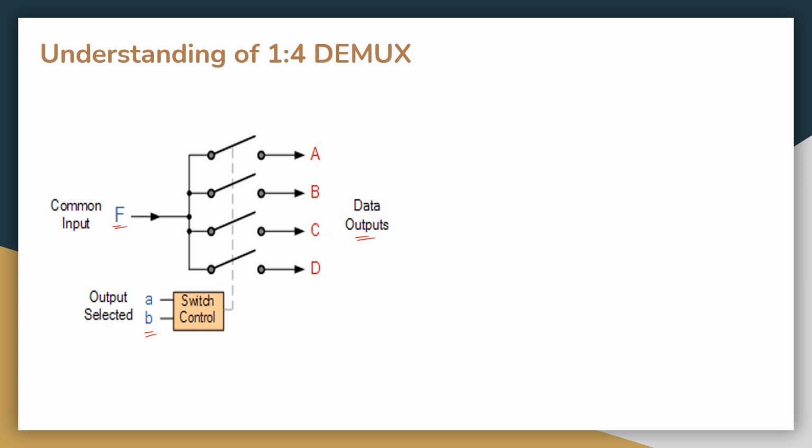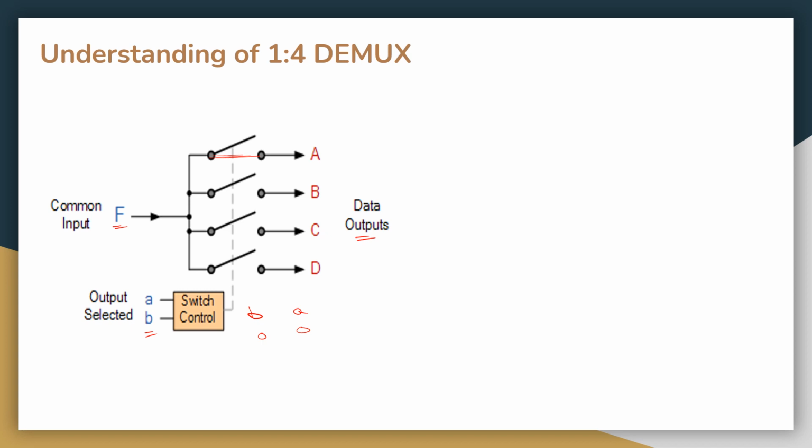So now see here, two selection lines, therefore those are B and A. If A and B are 0, 0, then the common input value is forwarded to A. Why? Because if A, B are 0, 0, then this switch is closed. Then the input is forwarded to A.